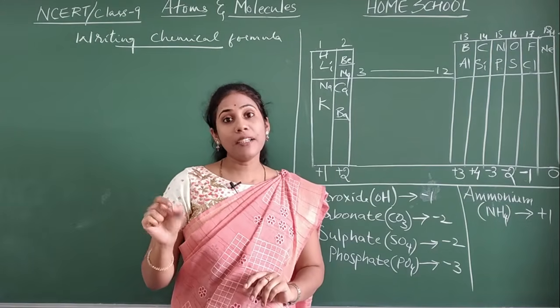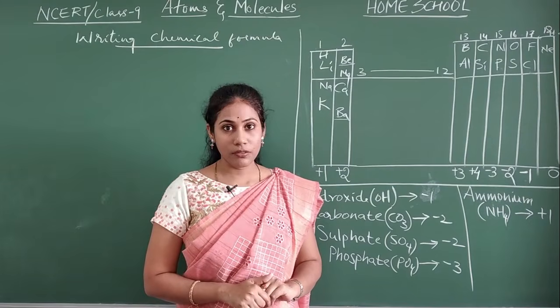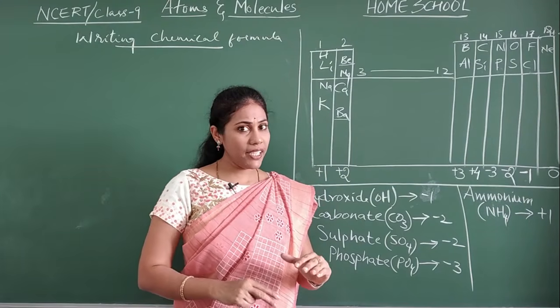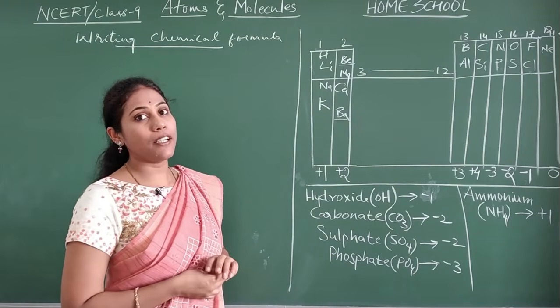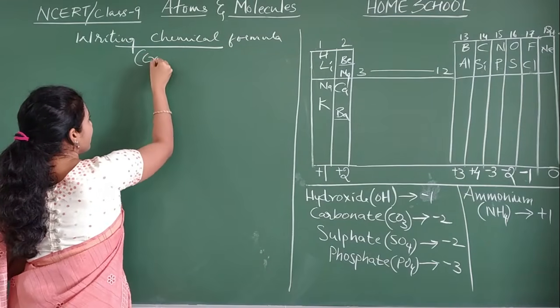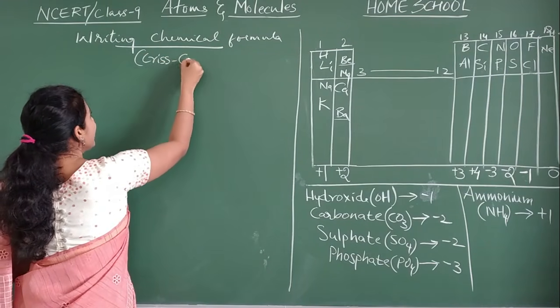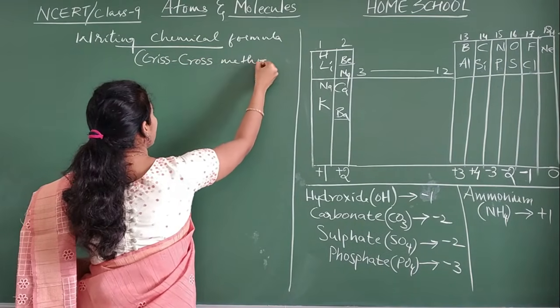So the logic behind writing chemical formulae we are learning now. Usually this particular method of writing chemical formulae is called the criss-cross method. We are following the criss-cross method to write the chemical formula.